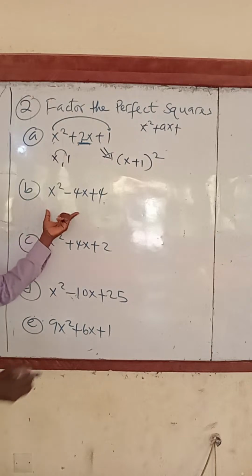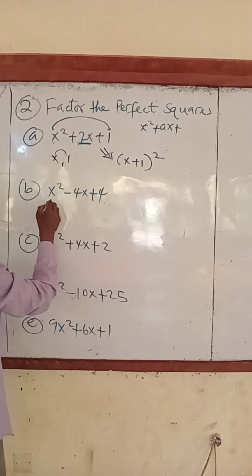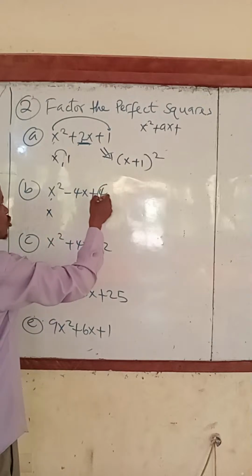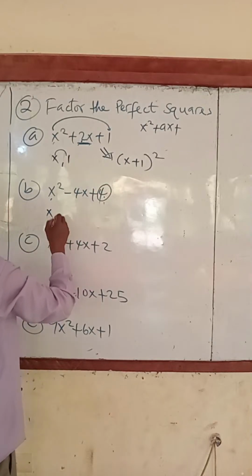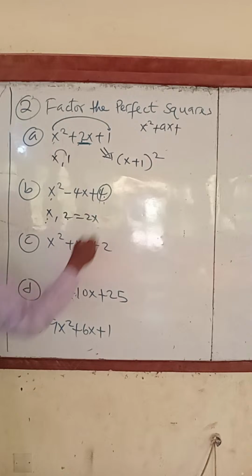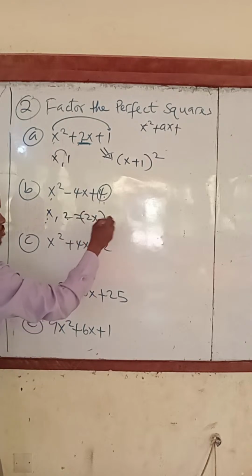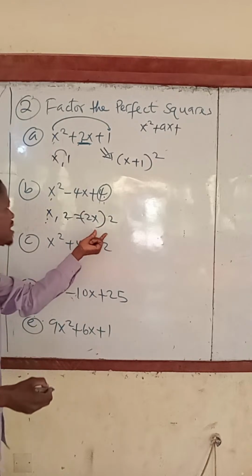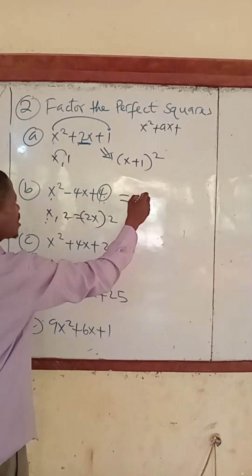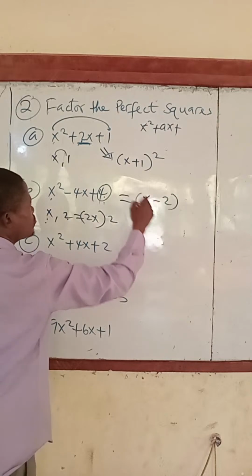The second one, if what you have here, one of these is x, and then this is 2 squared. One of these also is 2. If you multiply these two together, which is 2x times 2, if it can give you the middle one, then this will become x minus 2.